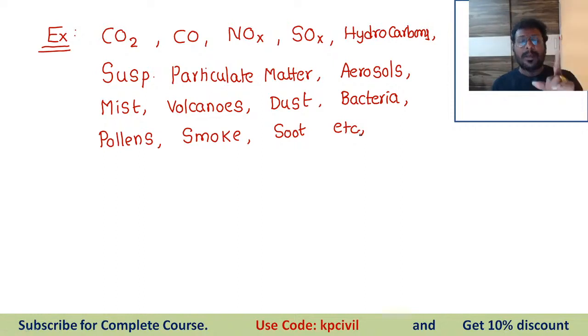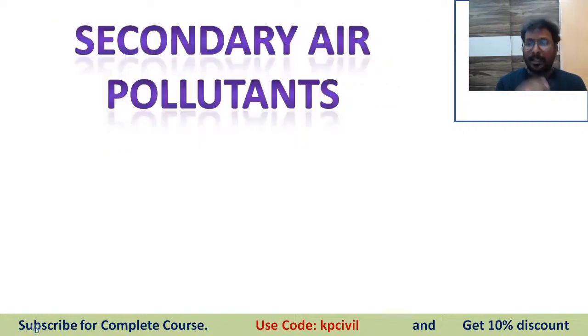This list of primary air pollutants is very important for you students. Remember: carbon dioxide, carbon monoxide, oxides of nitrogen, oxides of sulfur, hydrocarbons, SPM, aerosols, mist, volcanoes, dust, bacteria, pollens and soot.